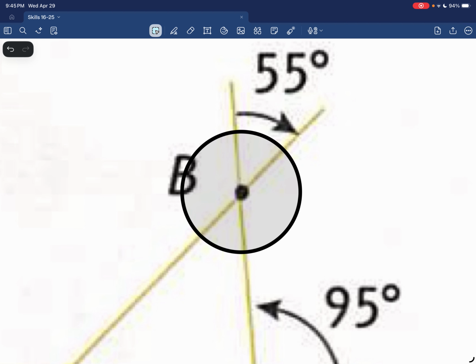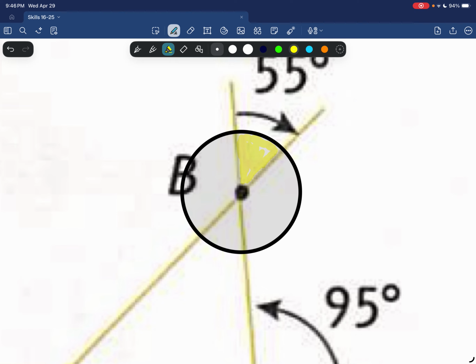So let's do those bow ties that I showed you in our angles lesson. This is a very important concept. So here is part of one bow tie. That is 55 degrees. If I come across the knot and I do this one, that automatically tells me that that one is also 55 degrees.